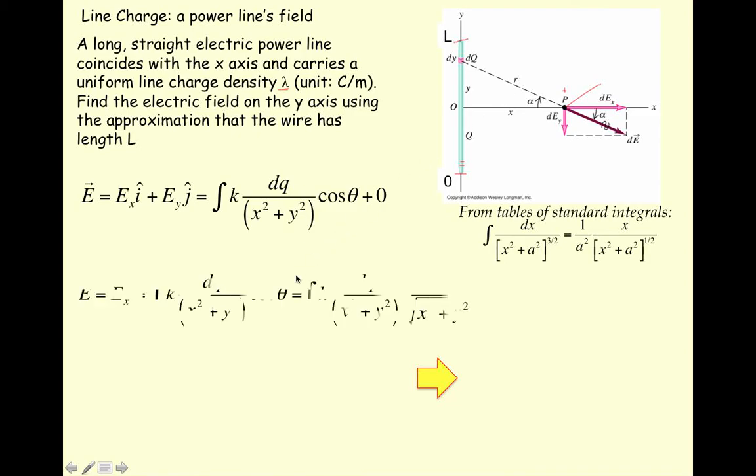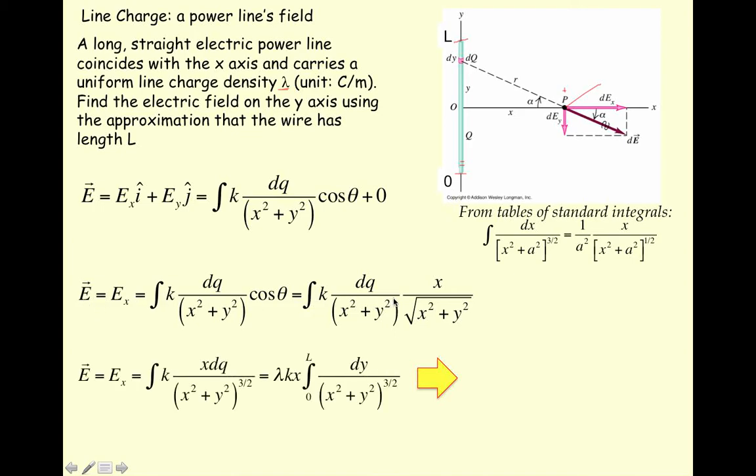So I have to solve this integral, where I put everything in here. All I've done is dq times cosine theta, and as you can see, it's x over that, and dq is lambda dy.